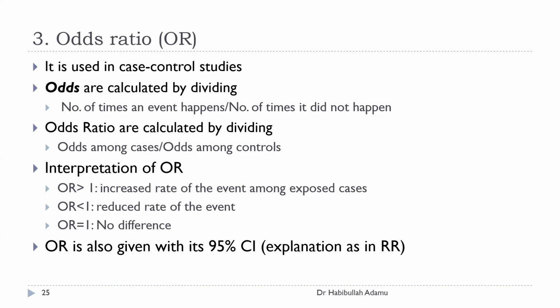For example, if you conduct a research to look at the association between using COVID-19 vaccine and developing COVID-19, and the odds ratio is, for example, 0.3.